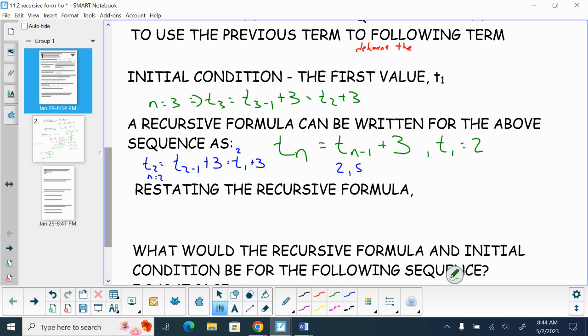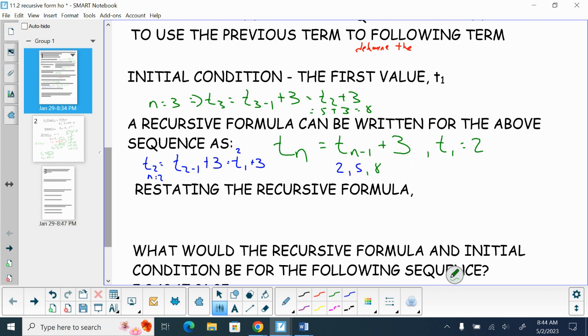So it takes my previous term, which is T2, which is 5, plus 3, which gives me the value of 8. If I try to find T4, n equals 4, then I have T of 4 minus 1, which is T3, plus 3. So it just keeps on.